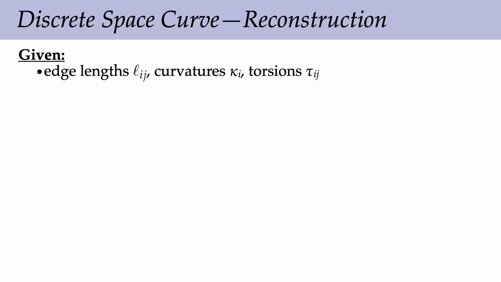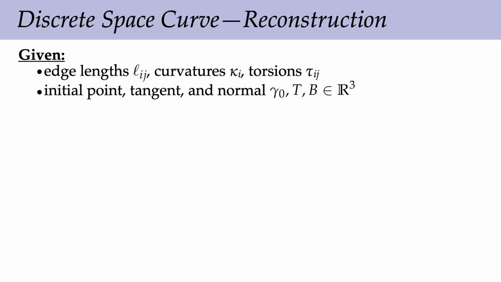If I hand you edge lengths, curvatures, and torsions, curvatures again being these exterior angles, torsions being these angles between consecutive planes, and I give you some initial point, some initial tangent, and some initial normal for the first plane, which is really the binormal of my curve, then how do I find the vertex positions gamma sub i?